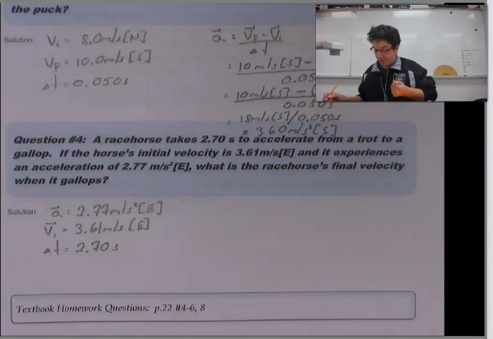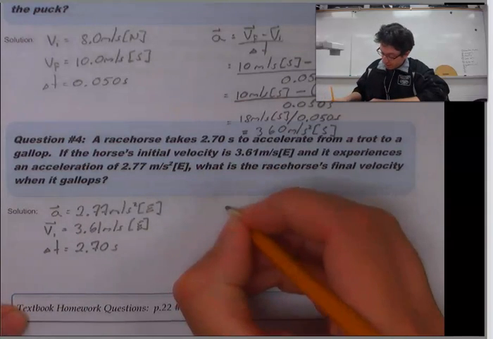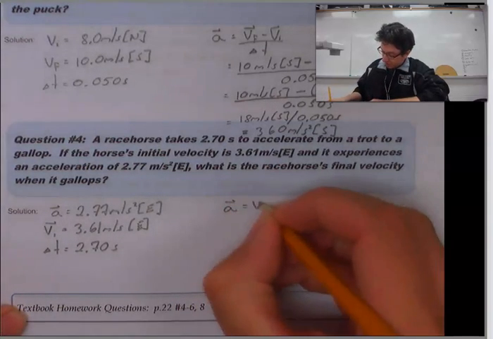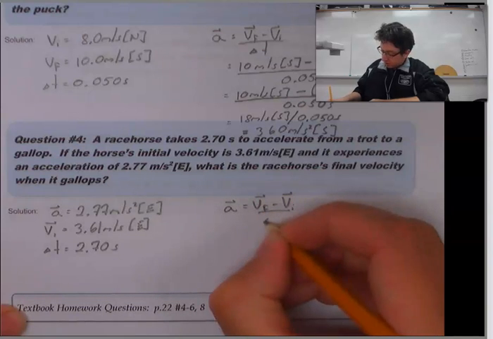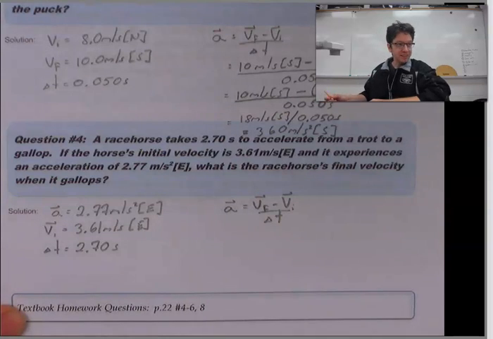And we have to find final velocity. So our equation looks like this: final minus initial all over time. So we need to rearrange this equation.